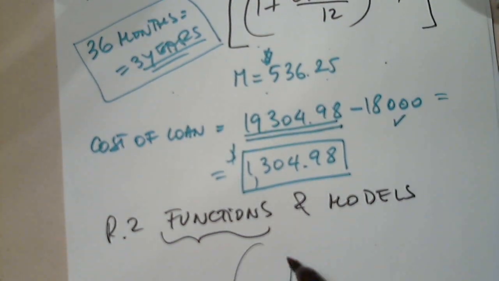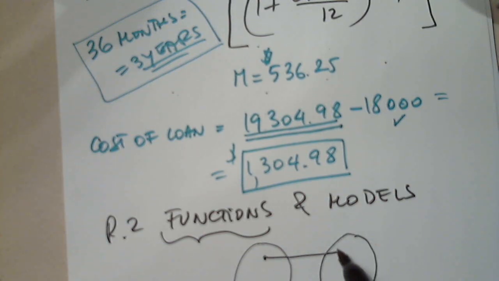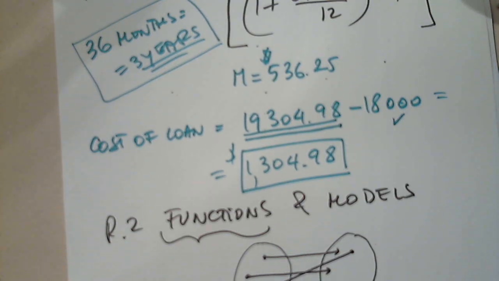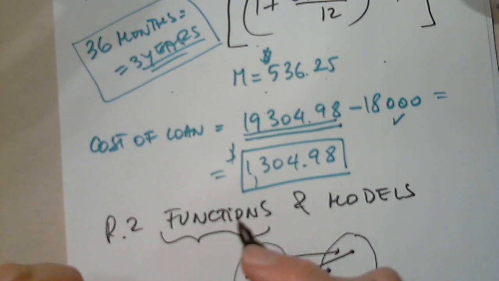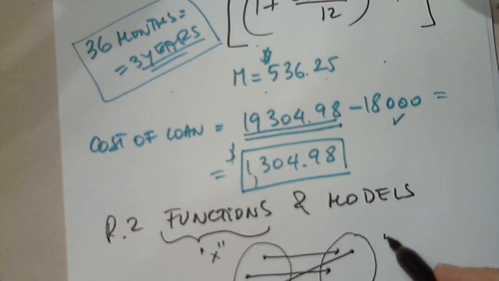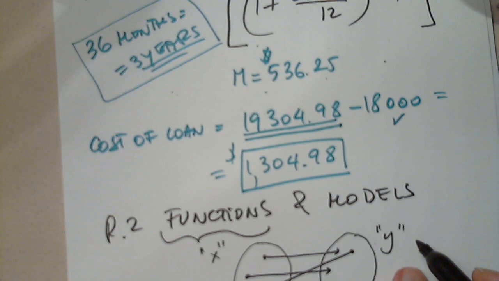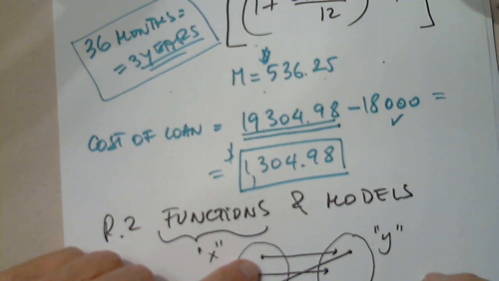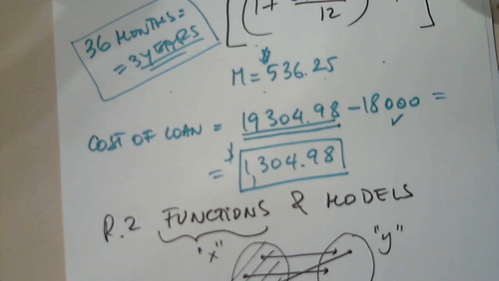So a function is a correspondence. So this is a function. To each x value, it corresponds only one y value. It's a correspondence. So this x corresponds to this number, this x corresponds to this number, this x corresponds to this number. This is a so-called domain.